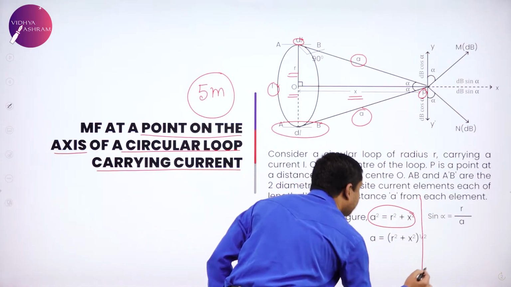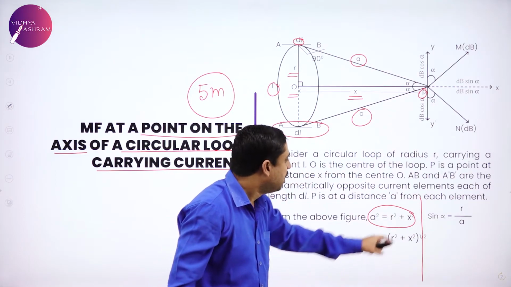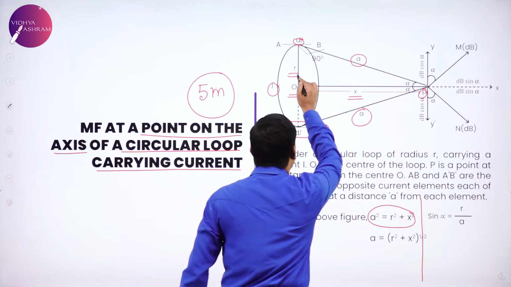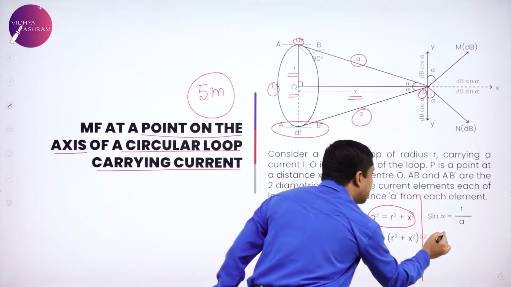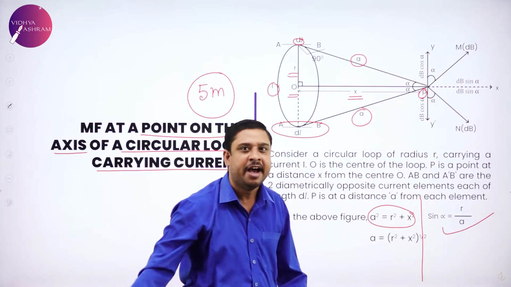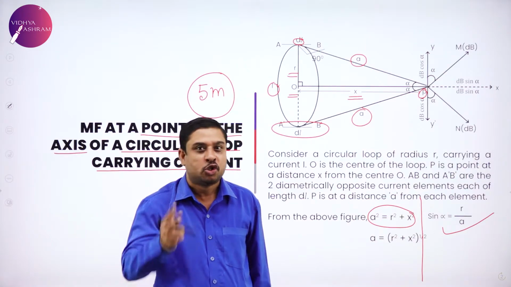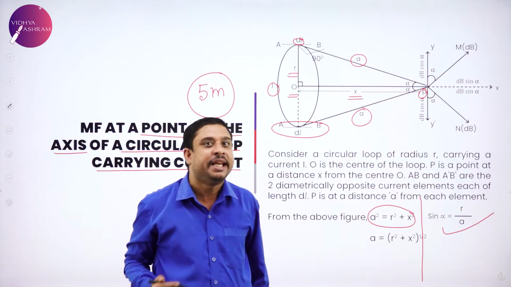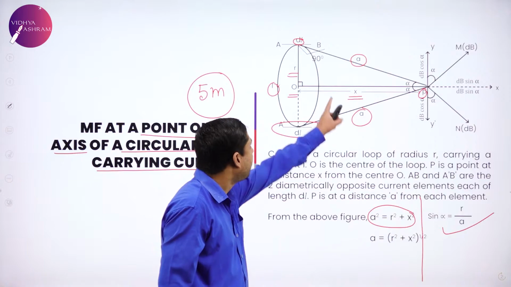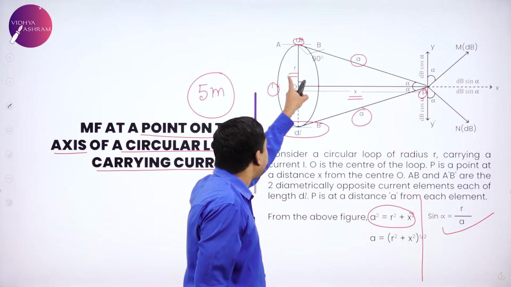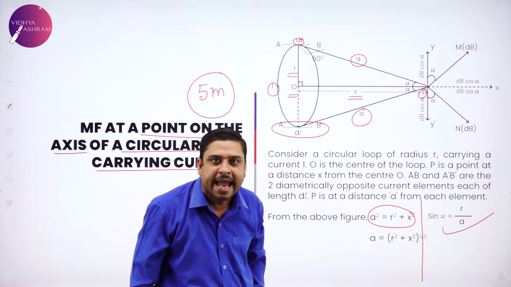Next calculation. This angle is alpha. So sin alpha is calculated as opposite side by hypotenuse. So sin alpha equals R divided by A. So two preliminary steps of calculation I have done, where I told A square equals R square plus X square.